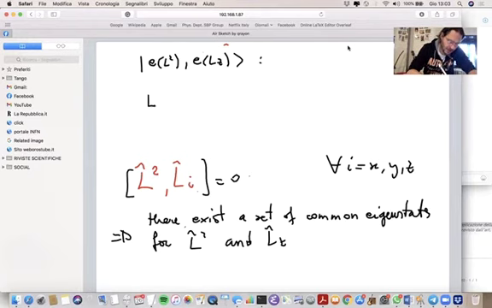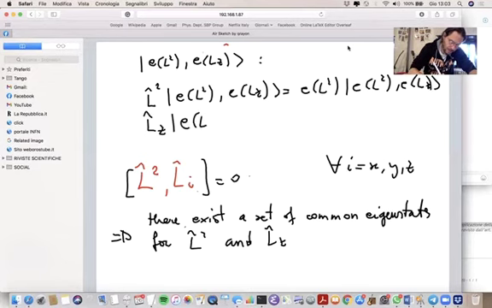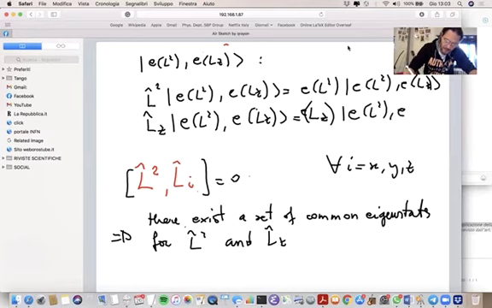They are the states that if I apply L squared on this common set, I get E_L squared times the state. And if I apply Lz to the same common set, I get E_Lz, the eigenvalue of Lz, times the state.